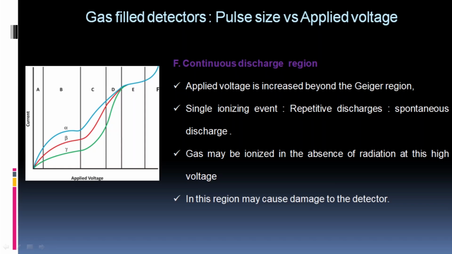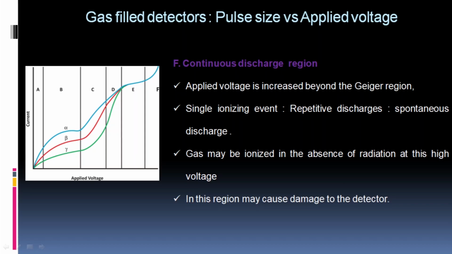We learned that the ionization chamber is devised in the region of saturation, and we devise the proportional counter in the region of proportionality, and we devise the Geiger-Müller counter in the Geiger region, which is used to survey any area for the possibility of radioisotopes or radioactivity.